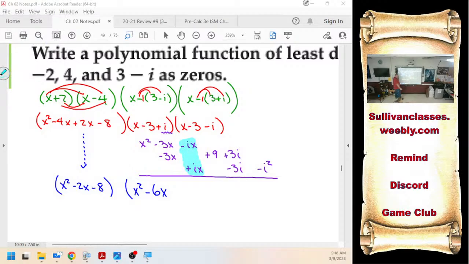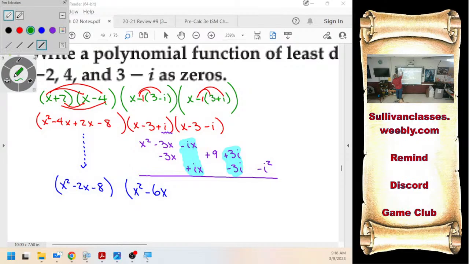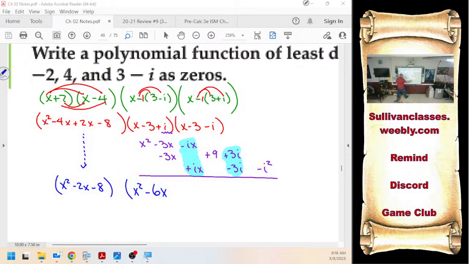These 2 are always going to cancel out because of the conjugate system. What is i squared? So this is really plus 1. 9 plus 1 are now like terms. I'm going to put plus 10 right here.